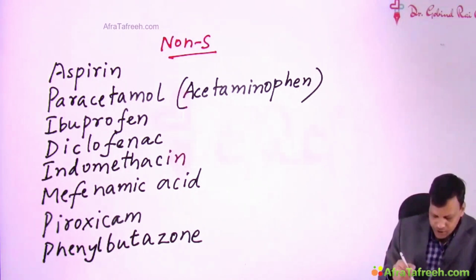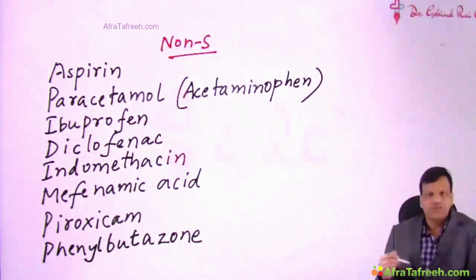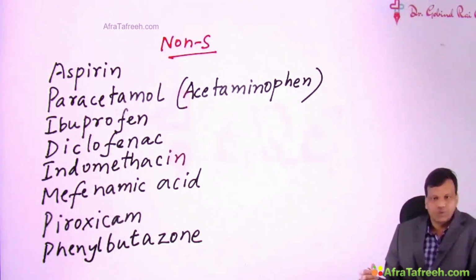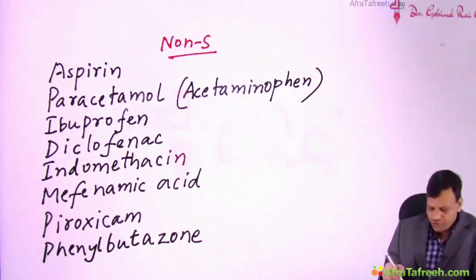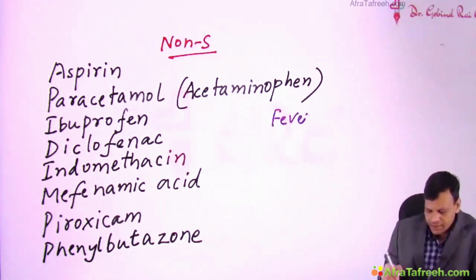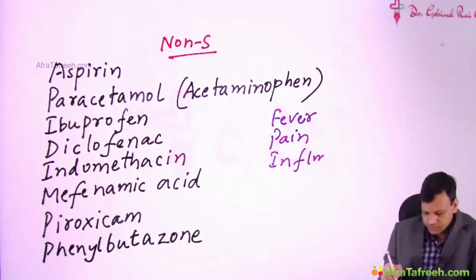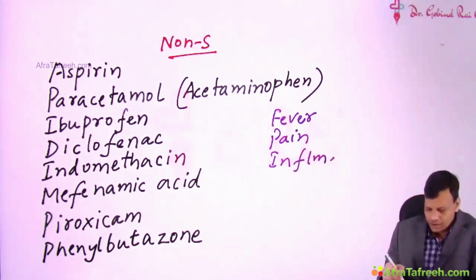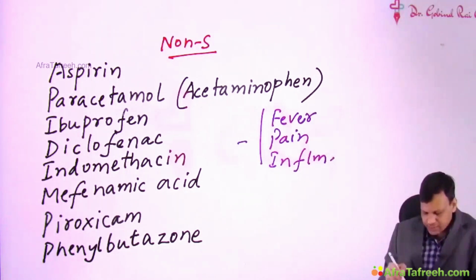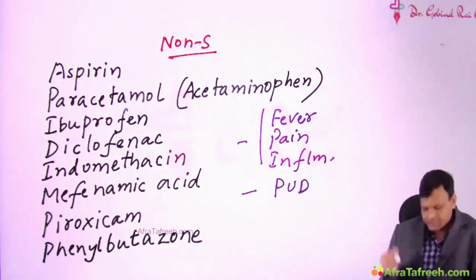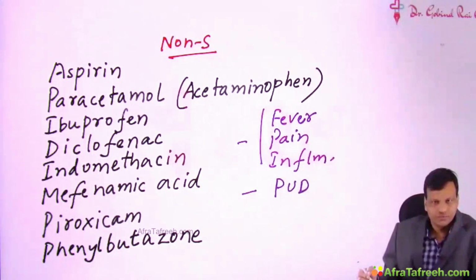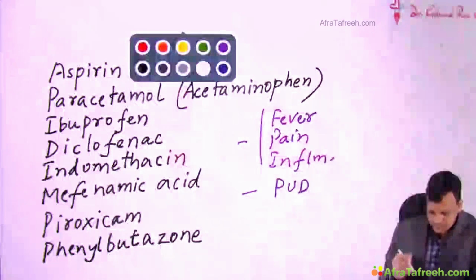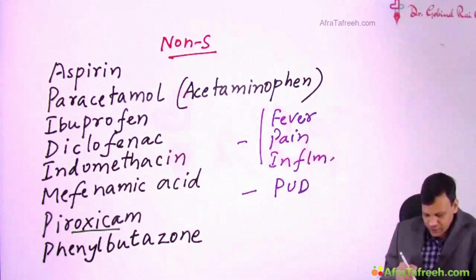The important points regarding these drugs: all of them inhibit COX-1 and 2. So all of them can be used for fever, pain, and inflammation. And all of these drugs can predispose to peptic ulcer disease. That is common to all of them. Now, special points regarding individual drugs to remember. Piroxicam is a very long-acting NSAID.